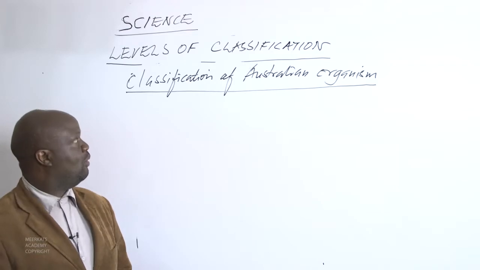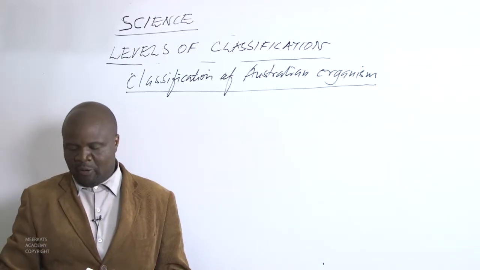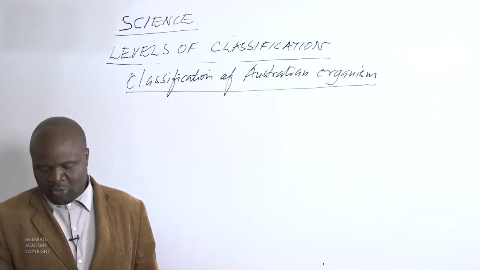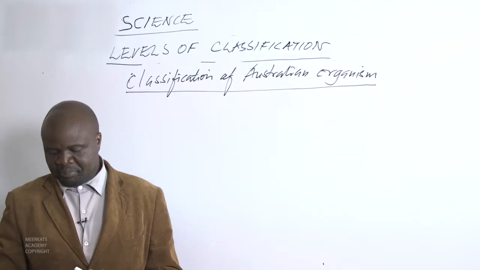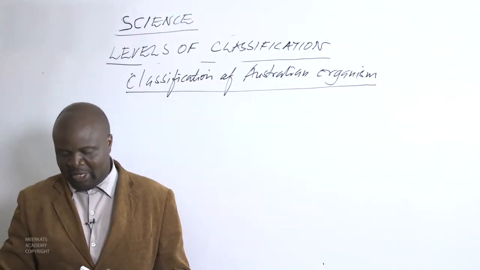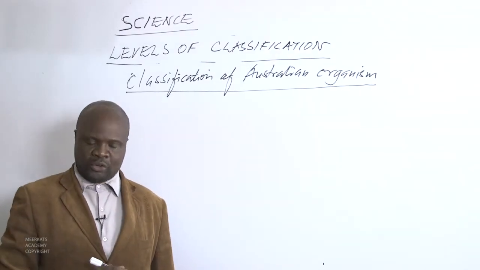An example of how they did this classification: we are told of the red kangaroo, the eastern grey kangaroo, and the commonly known wallaroo. They have similar characteristics in common, and it is reflected in the classification, as we are going to see.